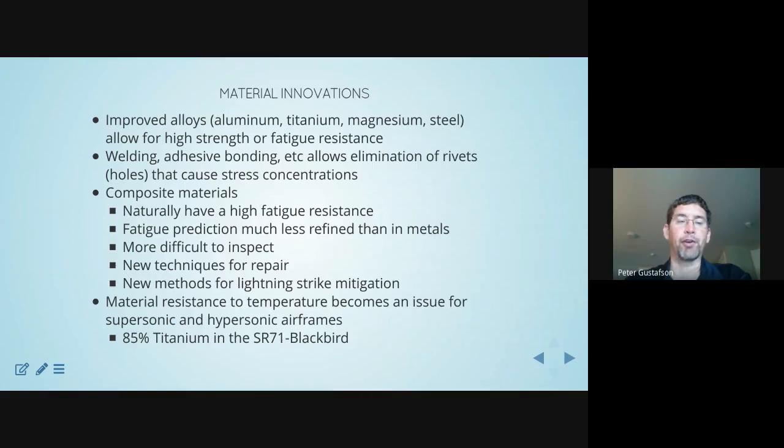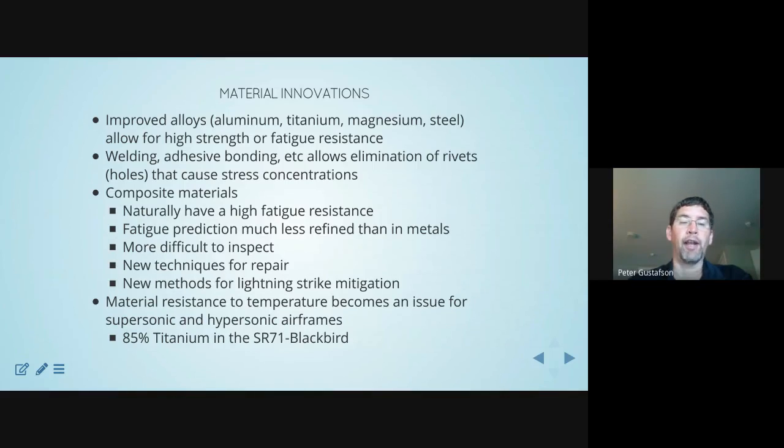I'll say that composite materials compared to metals have a naturally high fatigue resistance, so their fatigue life at the same load level tends to be much better. Composite materials tend to have natural crack blunting properties in the fibers, so that it's harder for cracks to propagate through the material.